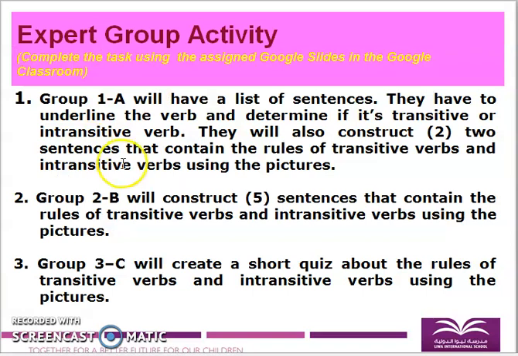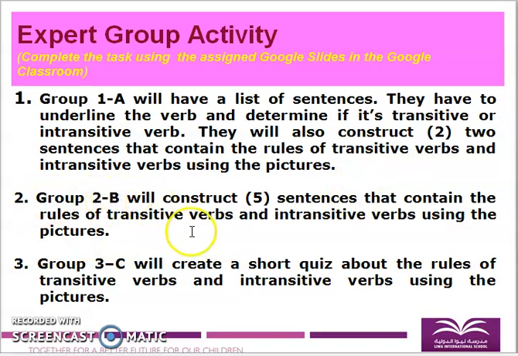Okay, now for our expert group activity, group 1 will have a list of sentences. They have to underline the verb and determine if it's transitive or intransitive verb. They will also construct 2 sentences that contain the rules of transitive verbs and intransitive verbs, using the images.